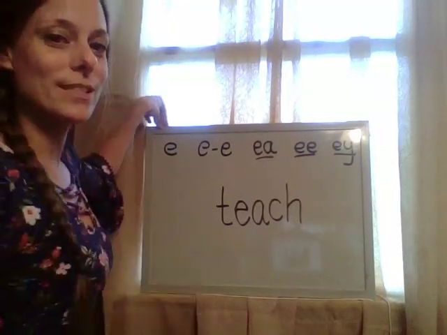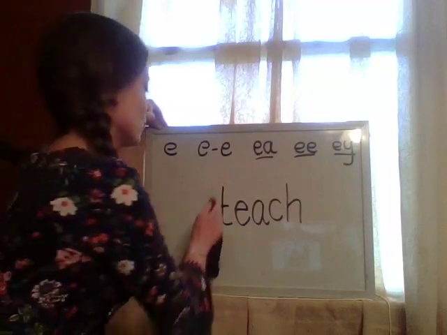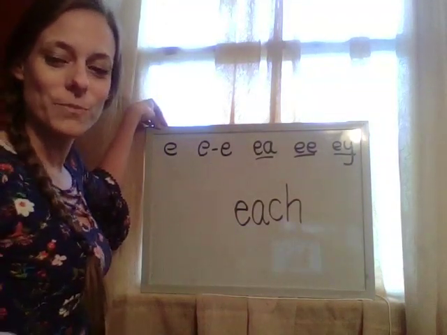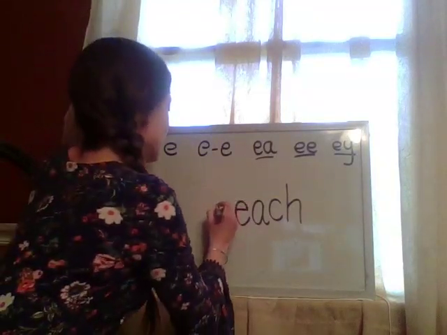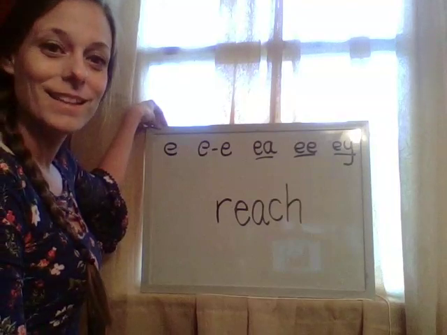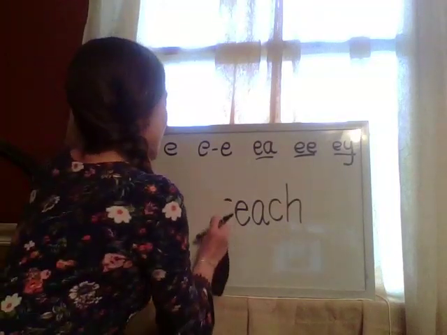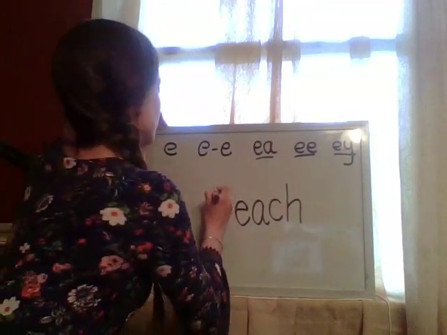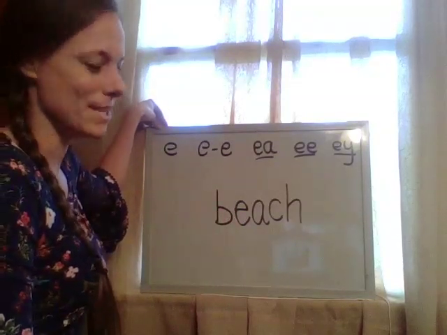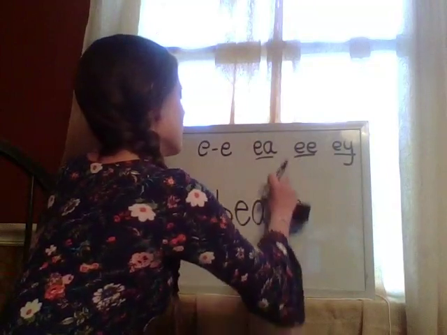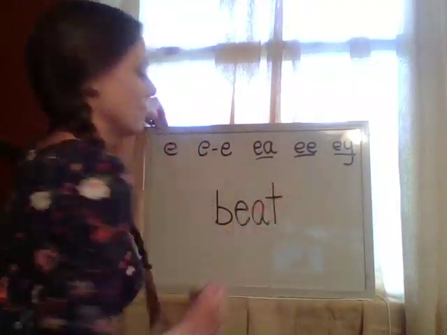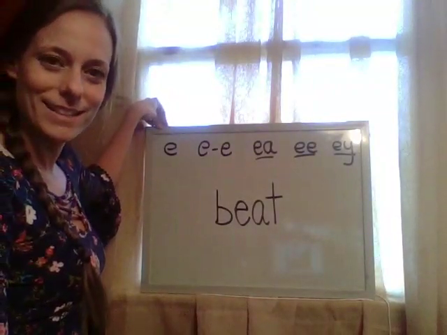So if I were to take the T off of teach, what word do we have? Each. If I were to add an R, okay, what word do we have? Reach. If I were to change that R to a B, what word do we have? Beach. Excellent.